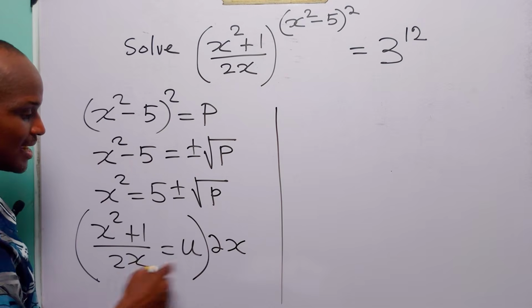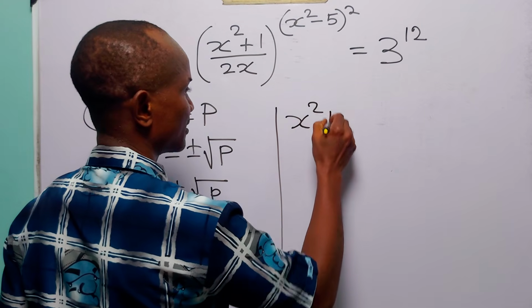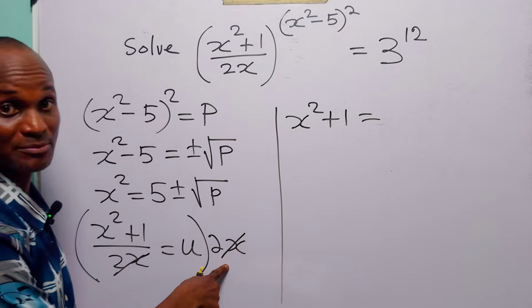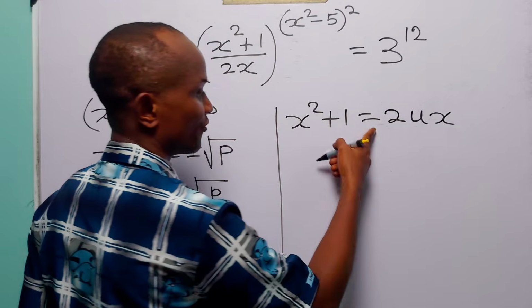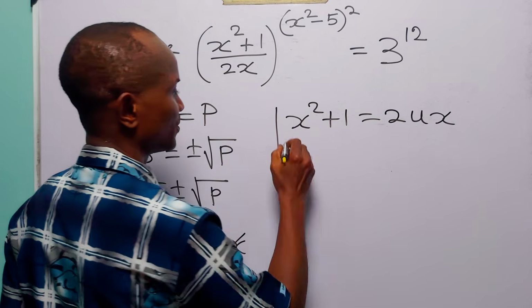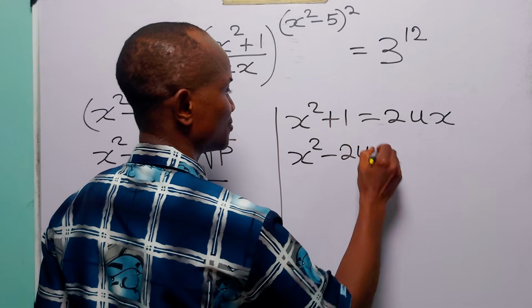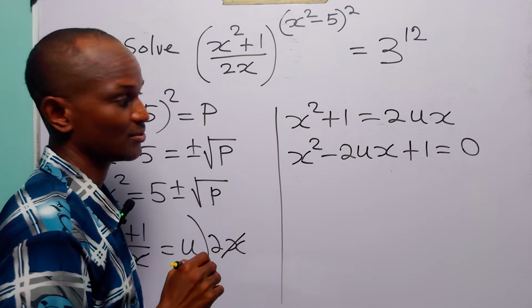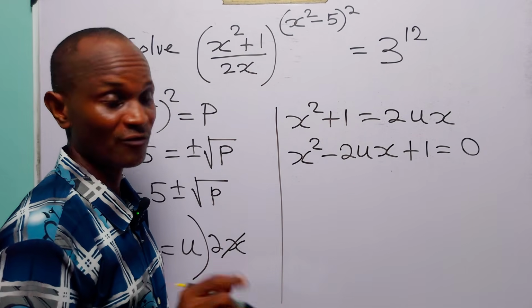On the left-hand side, what we have is x squared plus 1, and this is equal to u times 2x, which is 2ux. Rearranging this quadratic equation, we have x squared minus 2ux plus 1 is equal to 0. Now we can solve this quadratic equation for values of x.